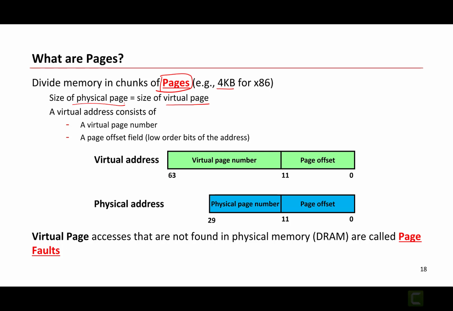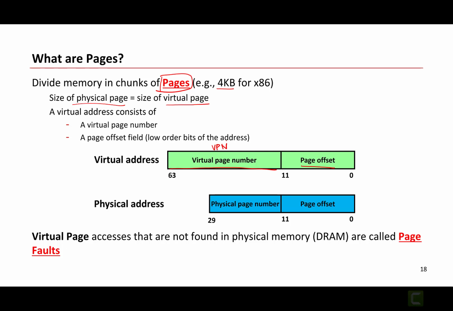So just like block offset, we have page offset, which is a set of lower order bits that index into a given page. And the remaining, we used to call them the tag in the case of caches, but now we're just going to call them the virtual page number, or sometimes we abbreviate it to VPN. A virtual page number is a number that corresponds to which page in the virtual memory you are talking about.